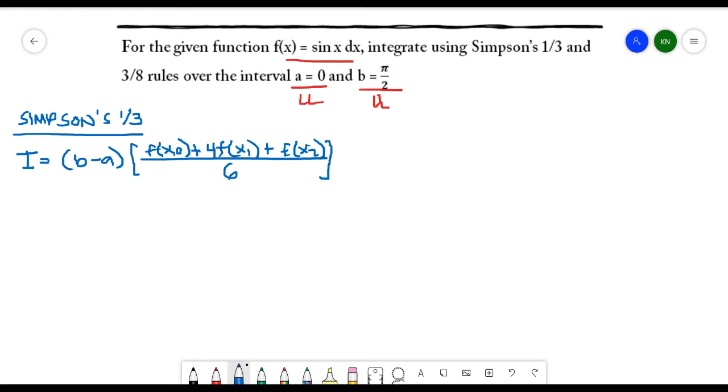So this is now the equation for Simpson's 1/3 rule. Given this, it is better if we graph the equation.